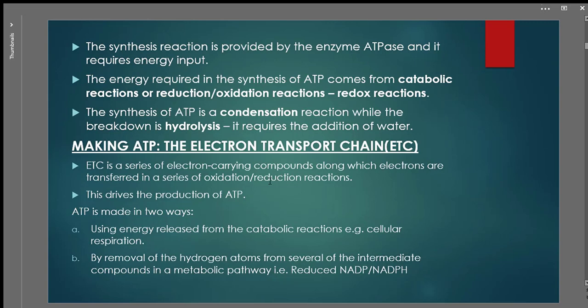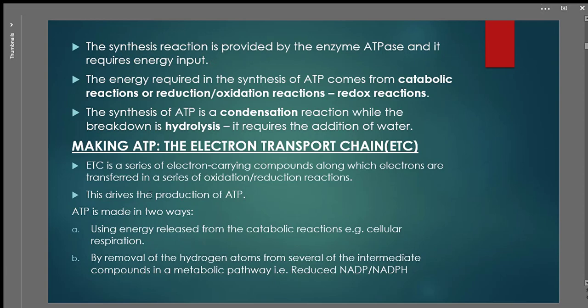That energy is the one that is used to drive the synthesis of ATP, because we said the synthesis of ATP is a condensation reaction and it requires an input of energy. In our first statement at the top here, we said that the synthesis reaction of ATP is catalyzed by the enzyme ATPase, and it requires energy input.